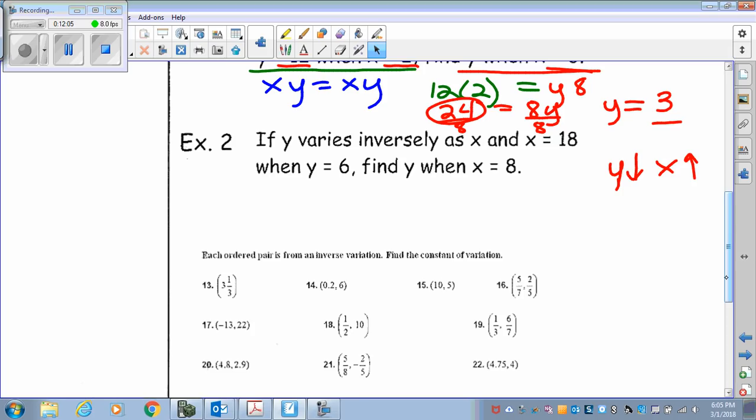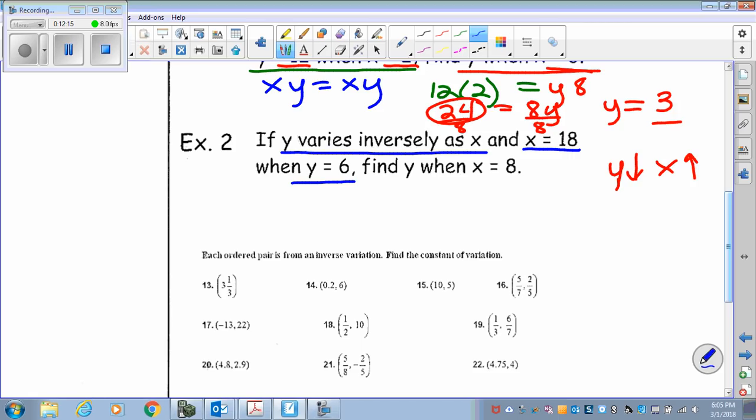And then our next example, we have y varies inversely as x. Okay, so same thing here. I have x is 18 and y is 6. So if I multiply them, 18 times 6 gives me the constant.